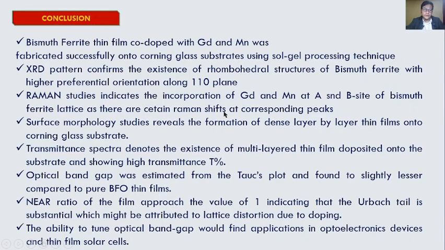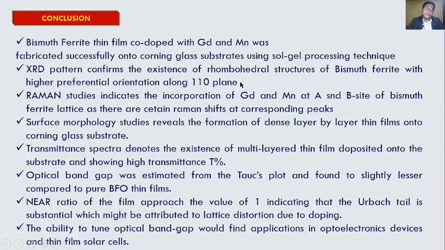And finally, I have come to the conclusion of my work. Here, bismuth ferrite thin films with Gd and Mn dopants are fabricated using the sol-gel processing technique via spin coater, and XRD confirms the rhombohedral structure of BFO with higher preferential orientation along the 110 plane.